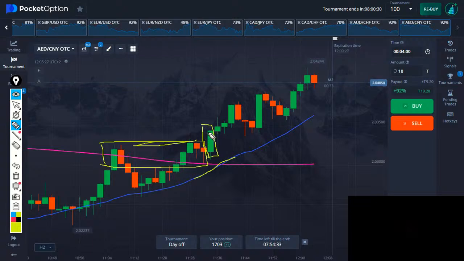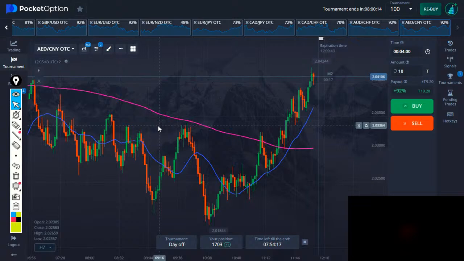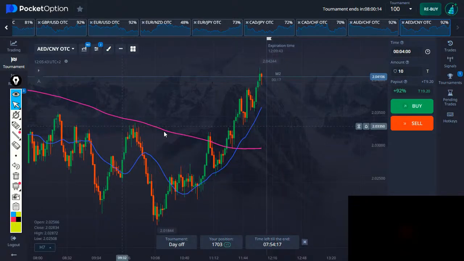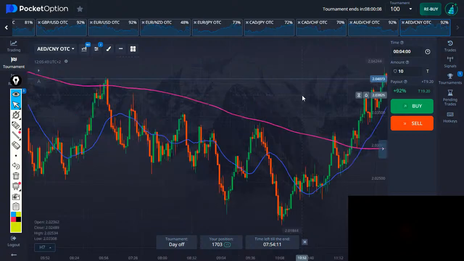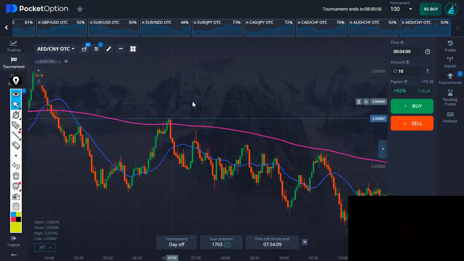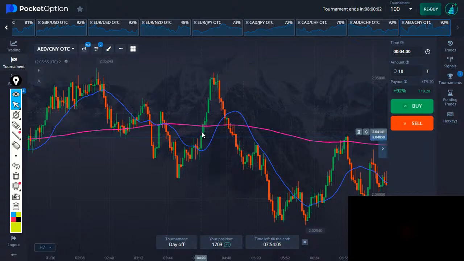You take a 4-minute trade over here, and here you go, you have yourself a winning trade. So, as I told you, the market goes from narrow to wide. So here you had yourself a narrow state and it's pushing to a wide state. See here? Narrow state to a wide state.